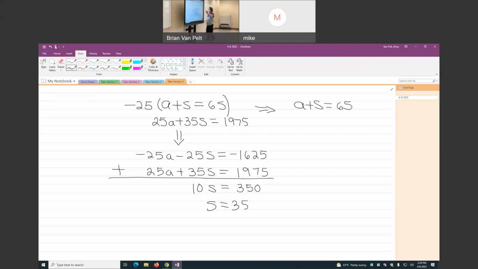All you got to do is see in this equation, if S is equal to 35, this is how simple the equation comes out to be. And you immediately get A equals 30. So we had 30 advanced tickets. And what was the other one? 35 same day.